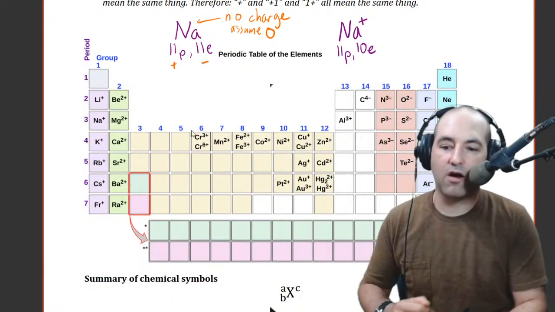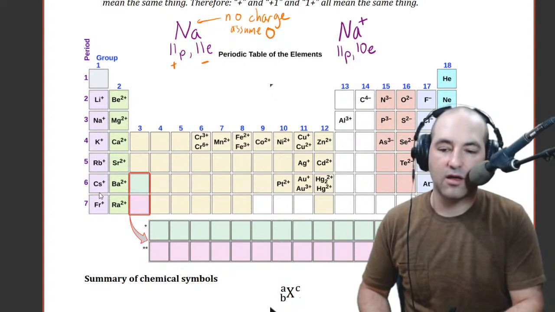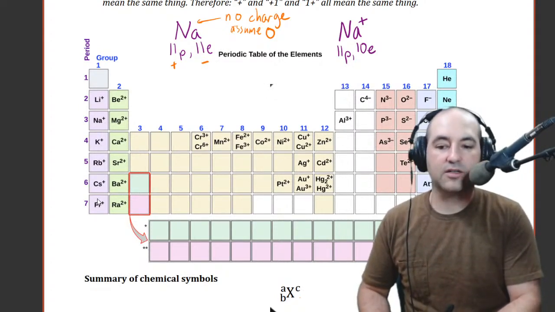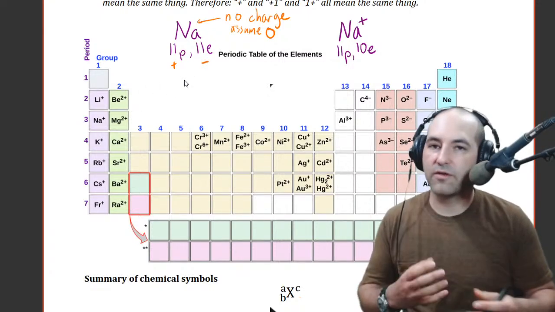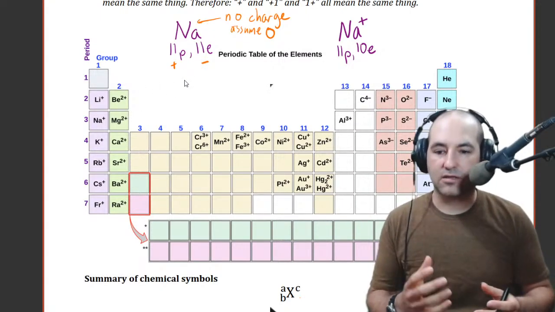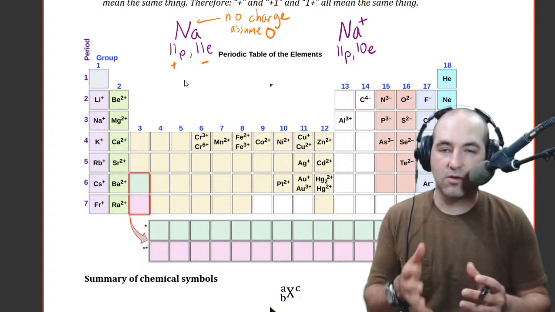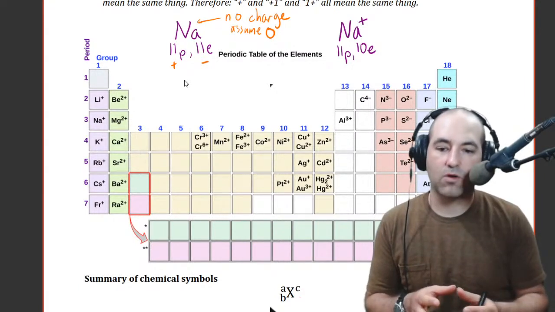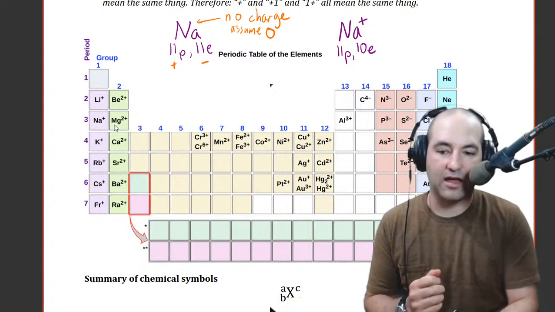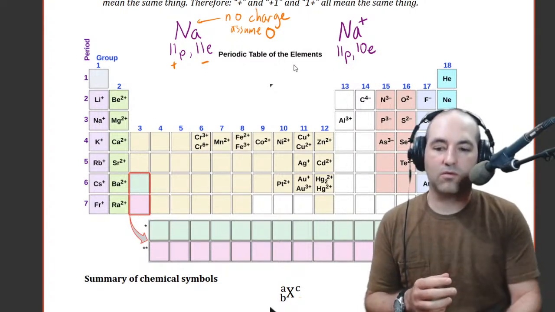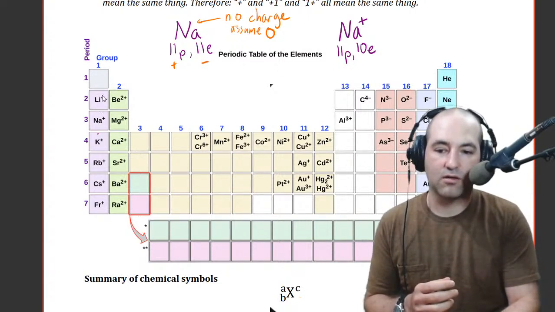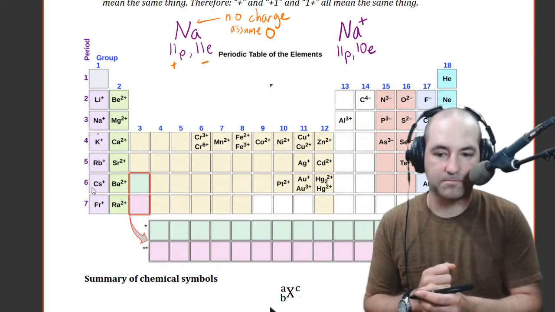You can see like all the alkali metals carry a +1 charge as an ion. So that means that for an alkali metal, it's really only going to be two possibilities. You're going to have the neutral atom with equal numbers of protons and electrons, or you're going to have the ion with a +1 charge, meaning one fewer electron than the protons.